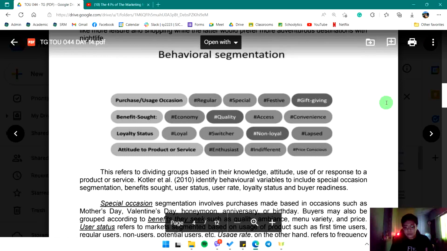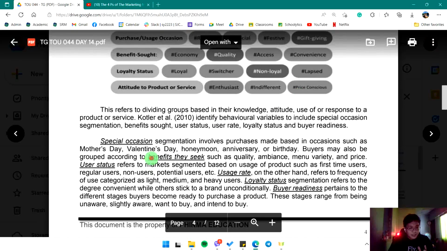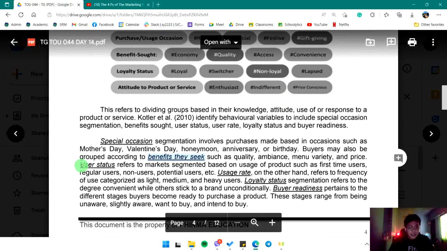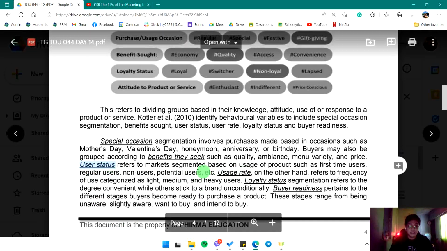So ito po yung isa-segment natin ng ating market based kung ano nga ba yung mga benefits na hinahanap nila doon sa ating produkto. Gaano sila kadalas gumamit ng ating produkto? Are they first-time users? Are they regular users or non-users at all? Or meron ba silang potential to use our products?